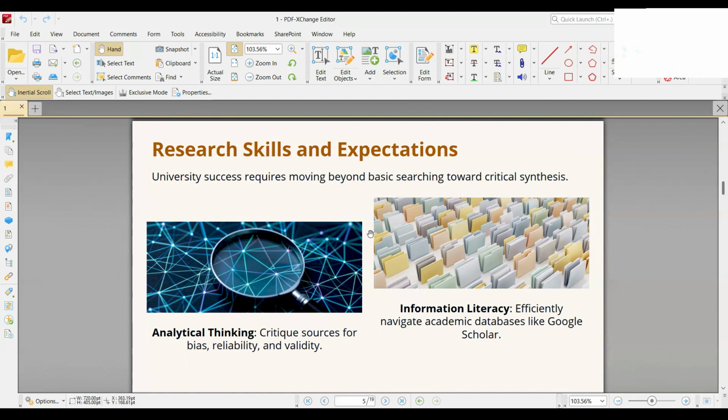Efficiently, we can navigate the academic databases like Google Scholar.